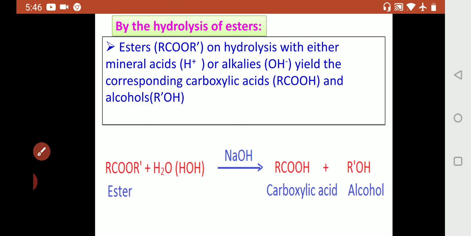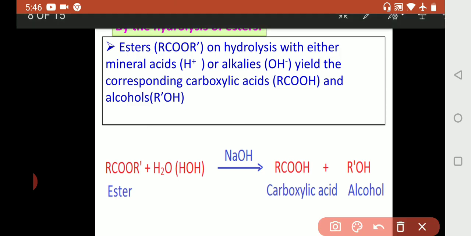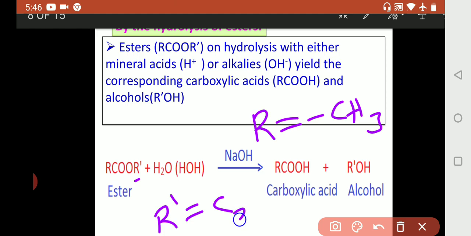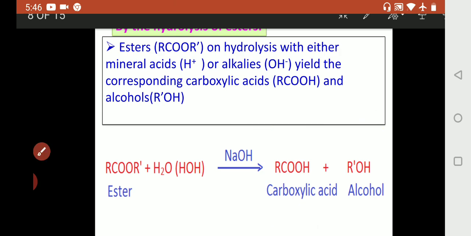Most generally in examples, in place of R we take the CH3 methyl group, and for R dash we take the ethyl group. Okay, we shall see this in detail in the next slides.